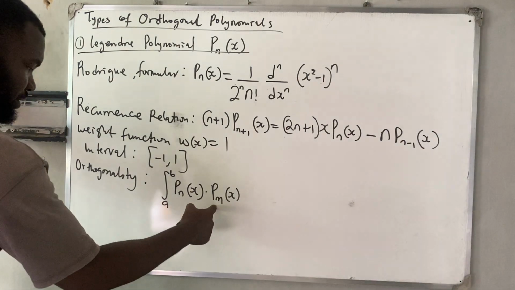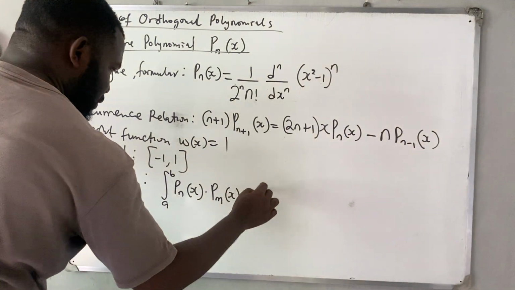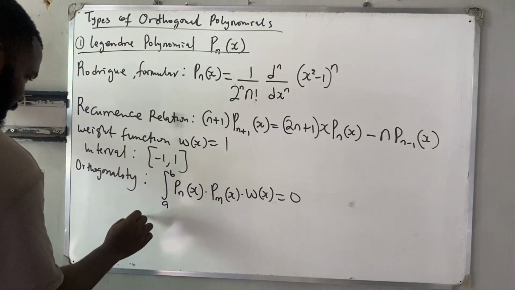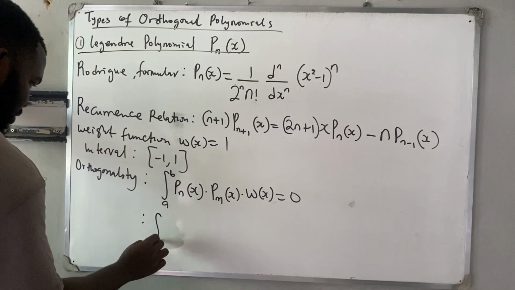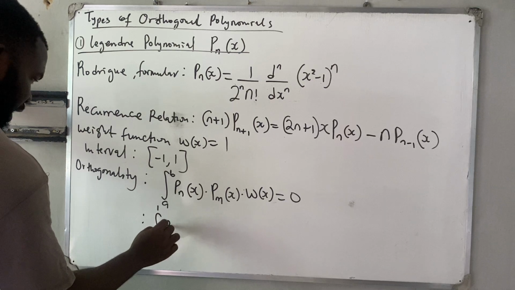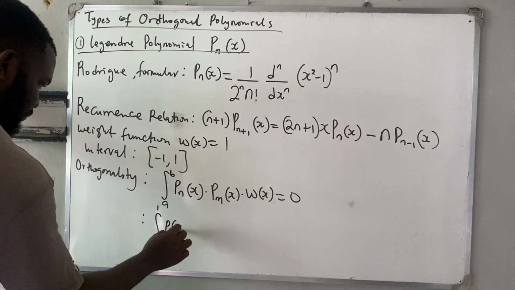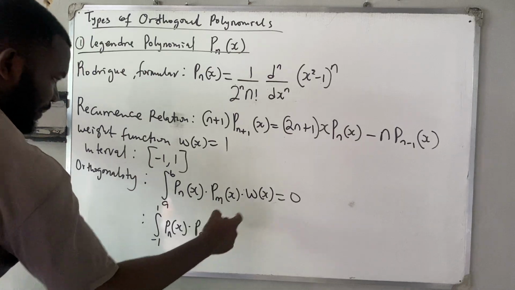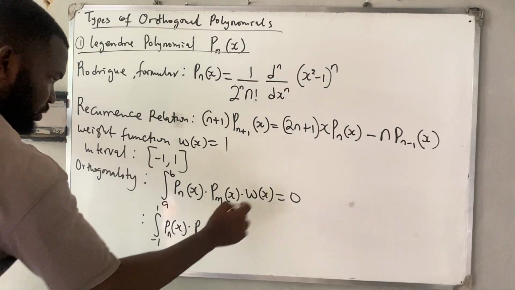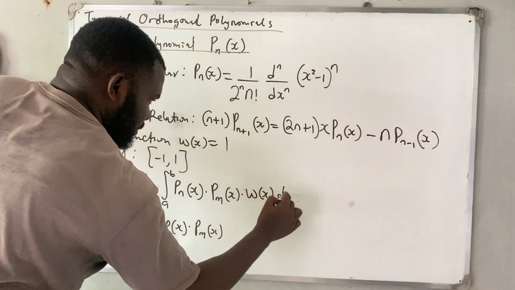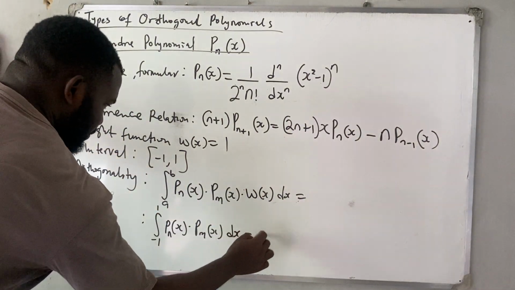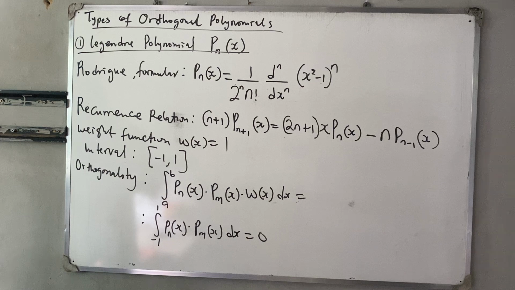Remember, when they are not the same, you multiply by the weight function and it will give you 0. So putting it in, it gives the integral from -1 to 1 of P_n(x) multiplied by P_m(x), with our weight function being 1, dx, because we're integrating with respect to x, is equal to 0. So that is the orthogonality of Legendre polynomials.